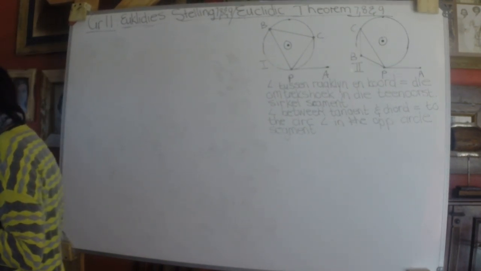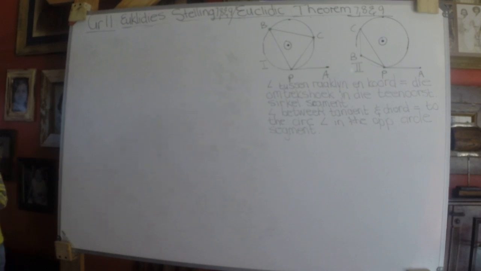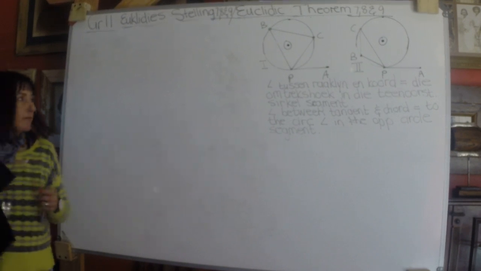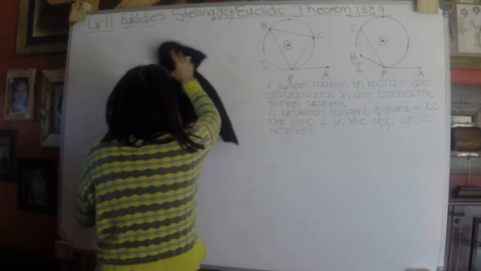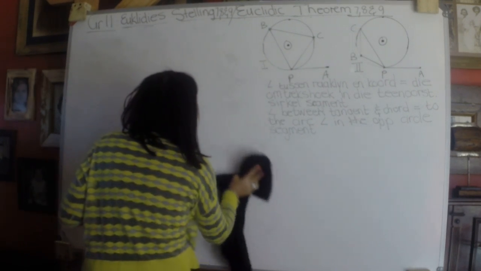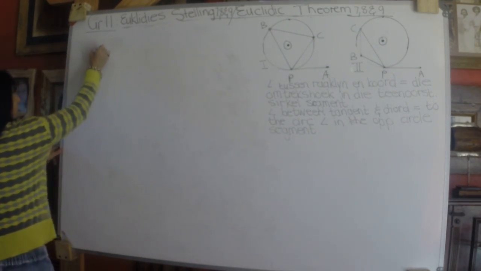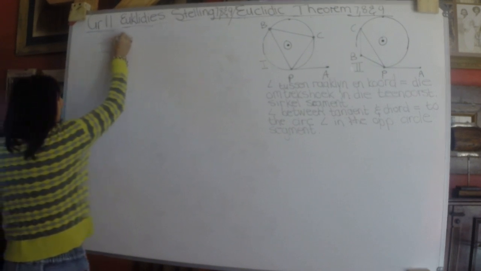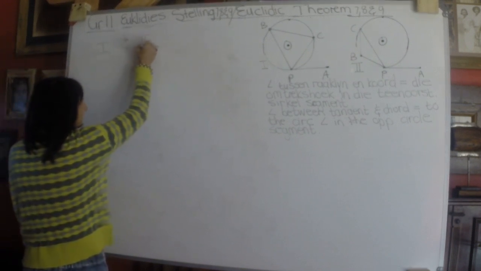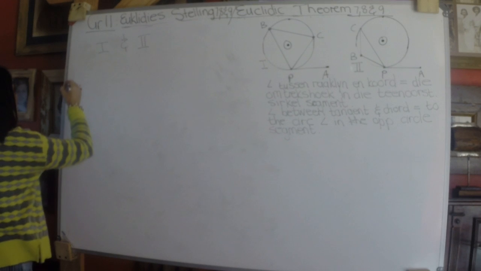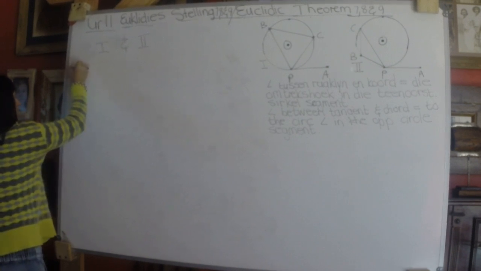For the case number 1 and number 2, we've got the same thing that's been given, and we've got for case number 1 and 2 the same thing that's been asked. So this is now for 1 and 2. Okay, what's been given?